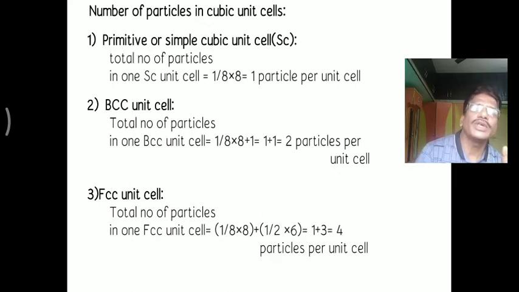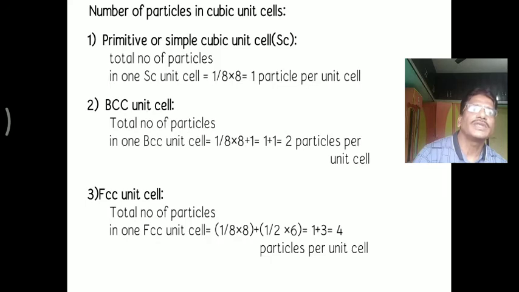And if we consider the second bracket, 1/2 into 6, the 6 is nothing but the 6 faces of the cube, and the 1/2 is because the particle at the center of a face is shared between 2 faces. 1 particle at the center of the face is shared between the 2 faces.